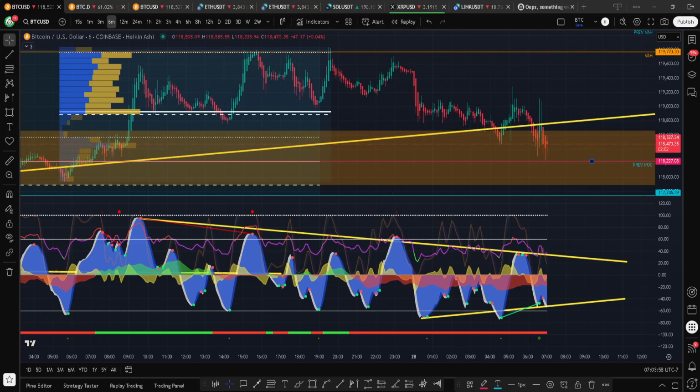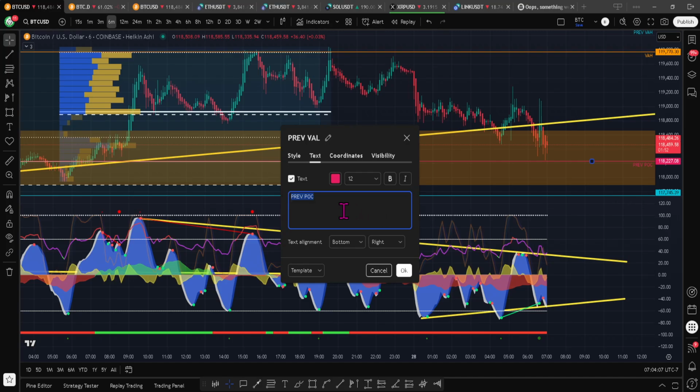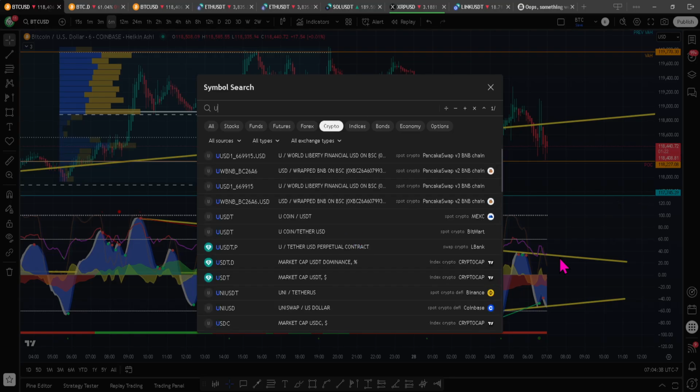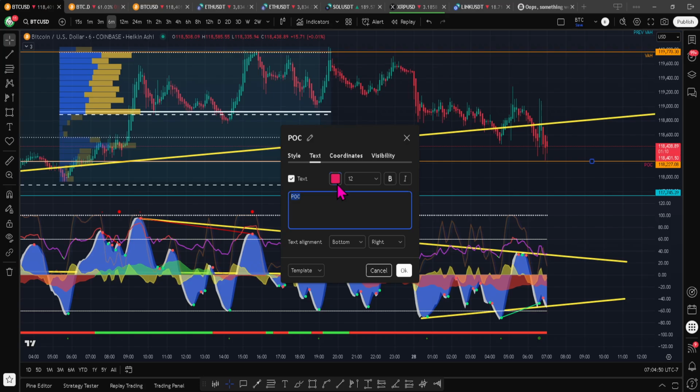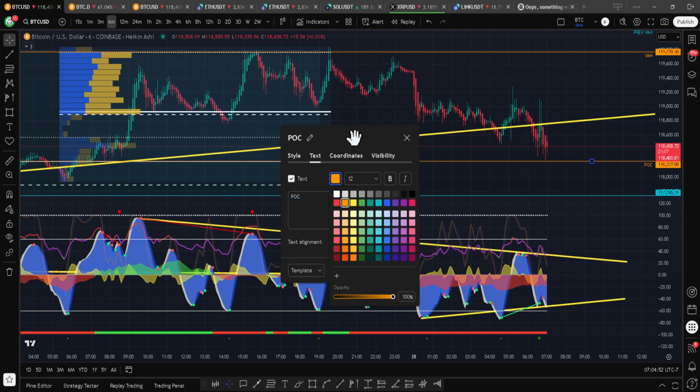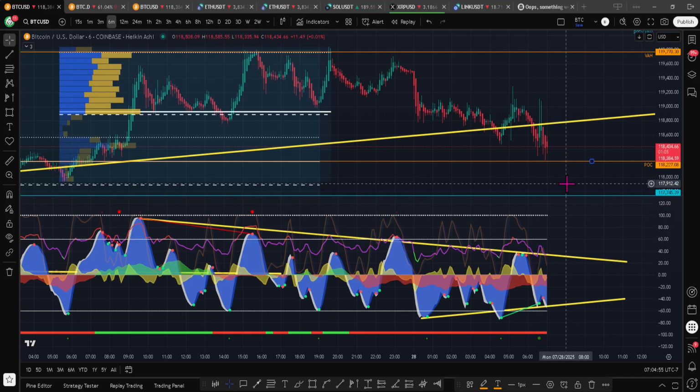We set the previous, yeah, we're going to rename it. Go down here, settings. We're going to rename it. Actually, we're going to change the colors again. We're going to just name it. Okay, sorry, I was on pause. Got rid of the box. Because we like to make that orange. And what we're going to do is, I guess we can do it from here. Control, and then we're going to copy paste.